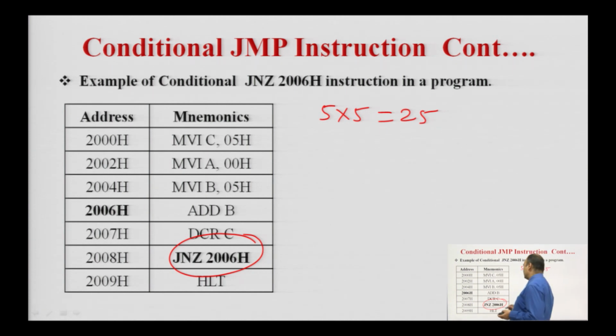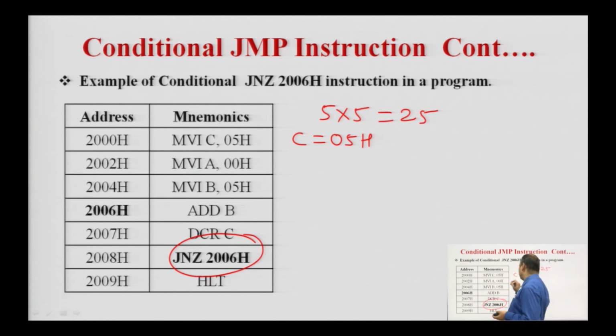The first instruction will load the value 05 into the C register, so the C register becomes 05 H. Here we need to perform the square of a number, which is 5 into 5. In this program, 5 is added 5 times to compute the square of the number. This is the logic applied in this particular program. So, the first instruction will load register C with the value 05.